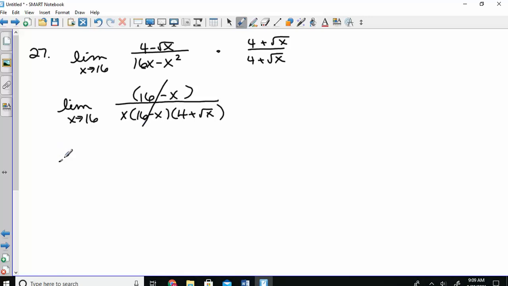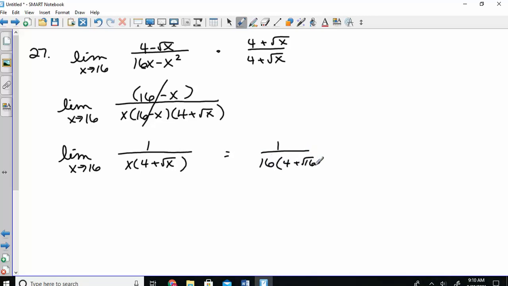So the 16 minus x's drop. Now I'm no longer getting 0 on the bottom, so we can plug in. Square root of 16 is 4, plus 4 is 8, times 16 is 120.